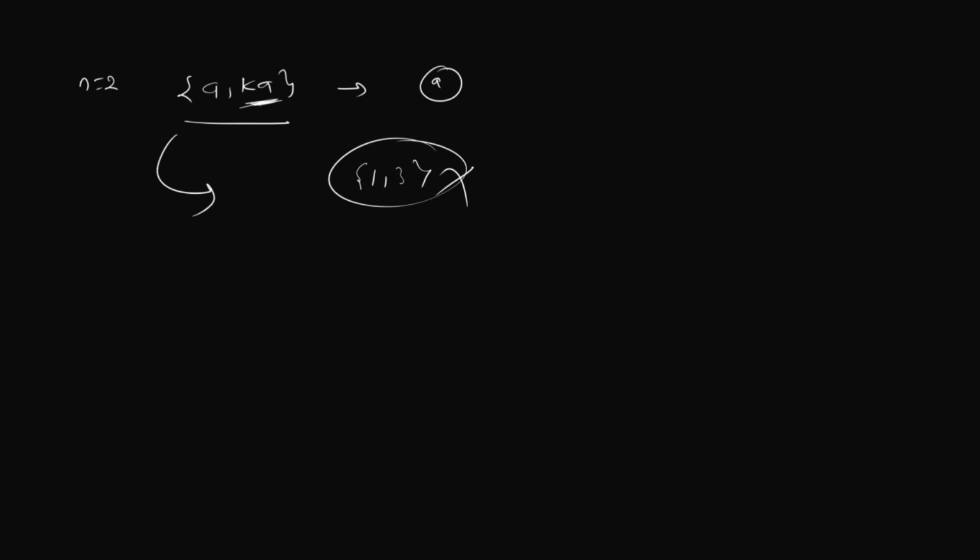You might wonder why we did so. Suppose you have another number, let's say p, and p is not a multiple of k times a. Then the sum would always be a plus p, and this p is not a multiple of k.